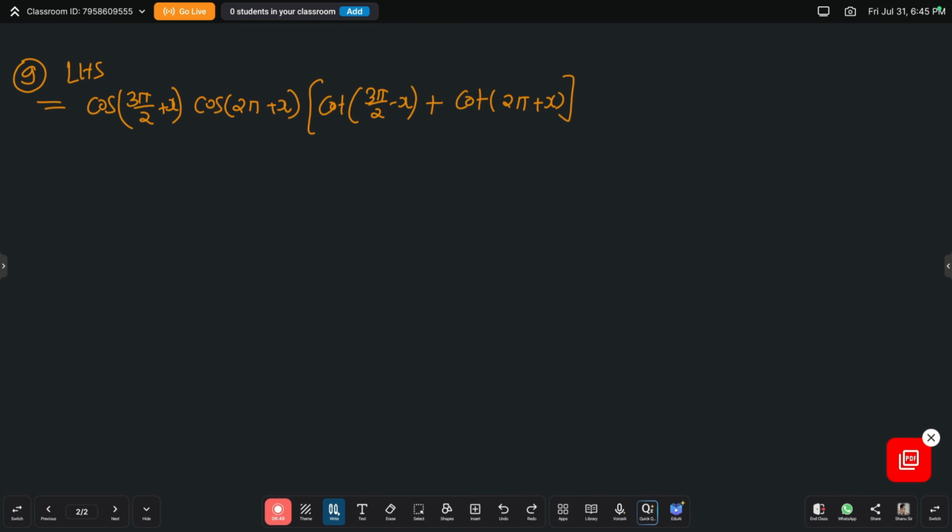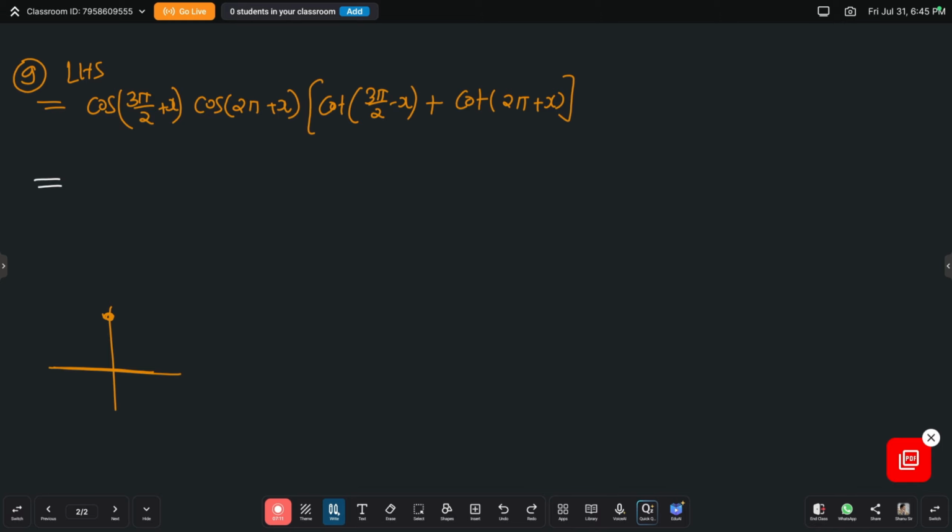You need to prove that after simplification it is 1, which is your right hand side. Simple, just follow the quadrant method. You need to know only how the quadrant works. Whenever you are on the vertical line the ratio changes, and on this line there is no change in the ratio. The same I will follow.